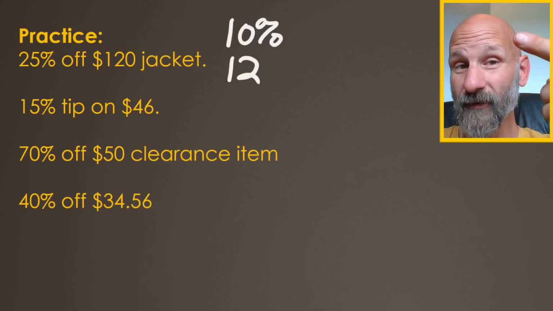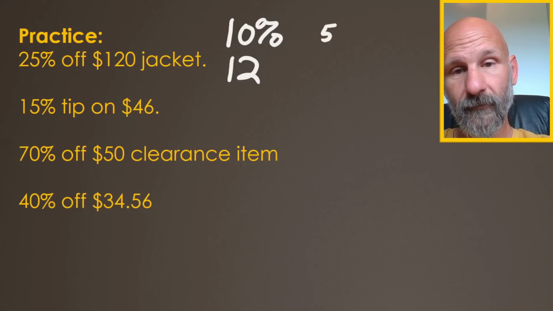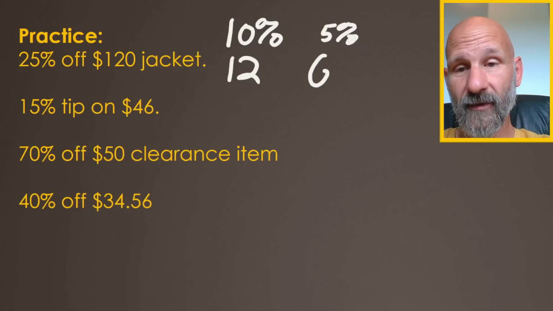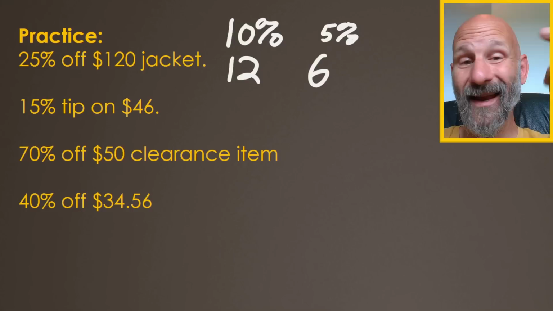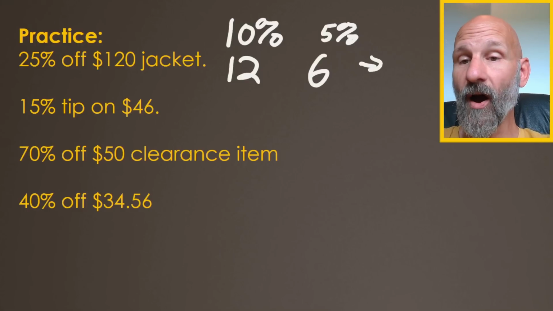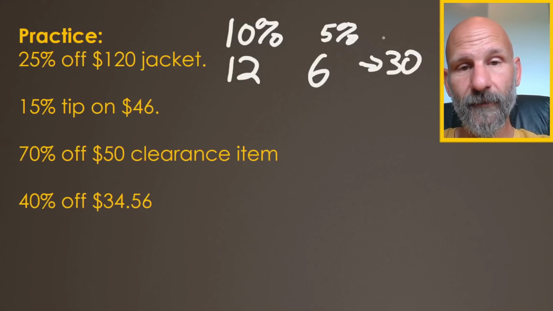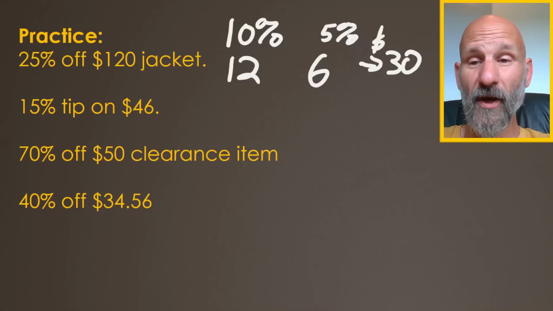So we've got two 12s and then a 5%. Remember, the 5% is half the 10%, so that's a 6. Two 12s makes 24, and a 6. So 25% off, you would end up taking off 24 plus 6, $30. That would be $30 off.